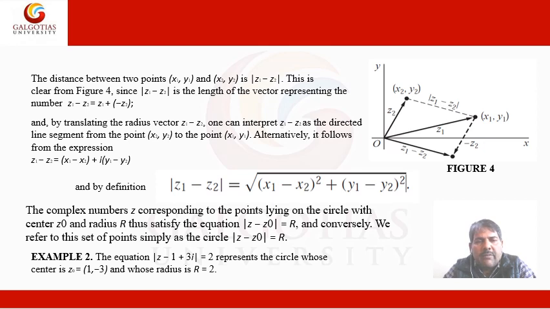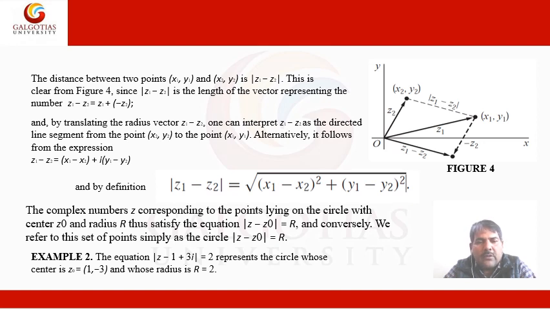This is clear from figure 4, since mod of z1 minus z2 is the length of the vector representing the number z1 minus z2, which is z1 plus minus z2, and by translating the radius vector z1 minus z2, one can interpret z1 minus z2 as the directed line segment from the point (x2, y2) to the point (x1, y1).